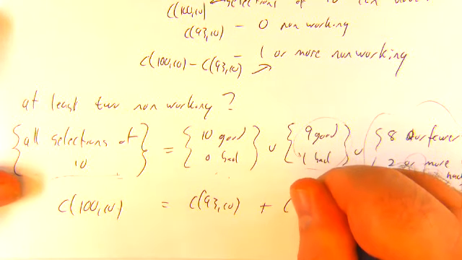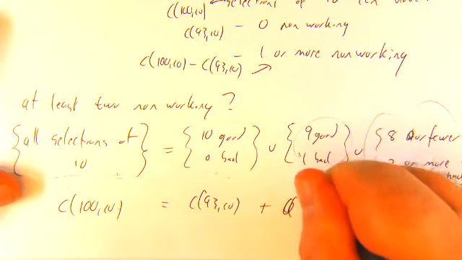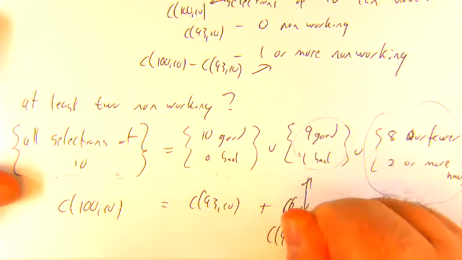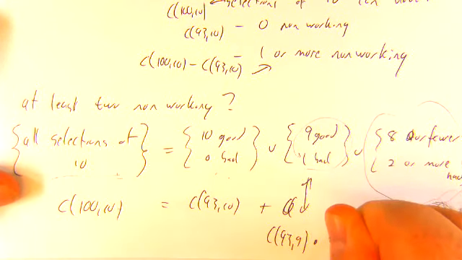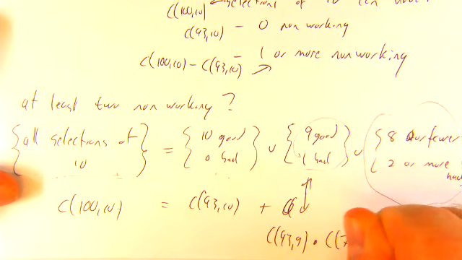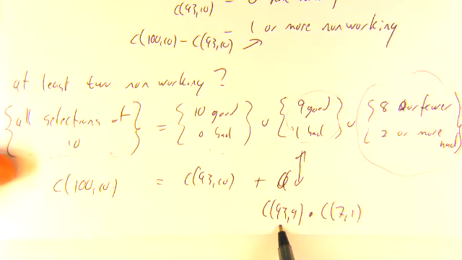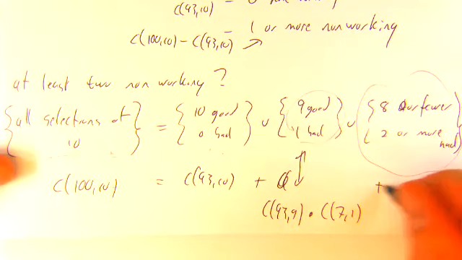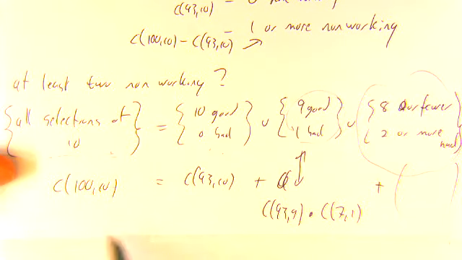This is picking 9 good ones, then picking 1 bad one, right? 9 out of 93 good ones, and then 1 out of 7 bad ones. So I know this, I know this, I know this. So I can figure out this by taking this minus this minus this. So it's complements again.